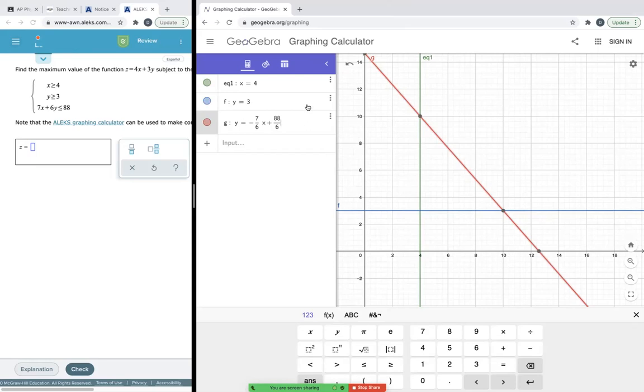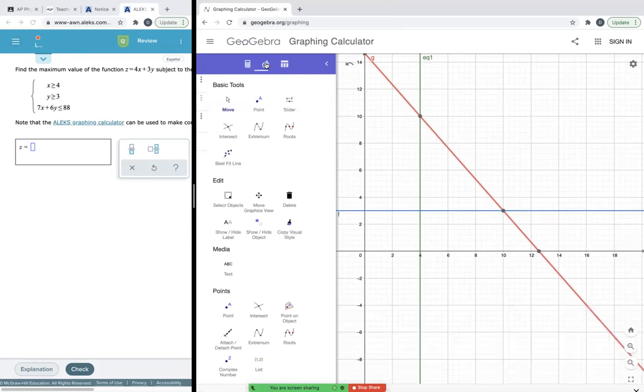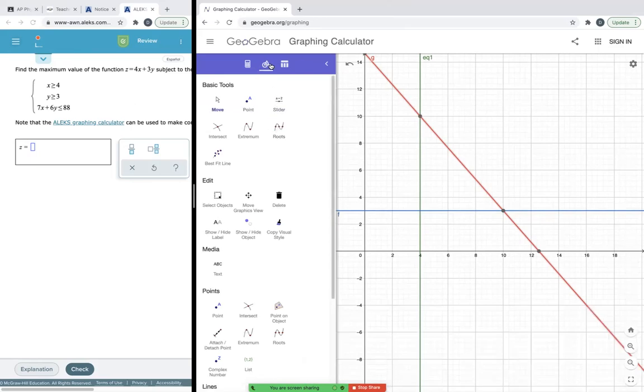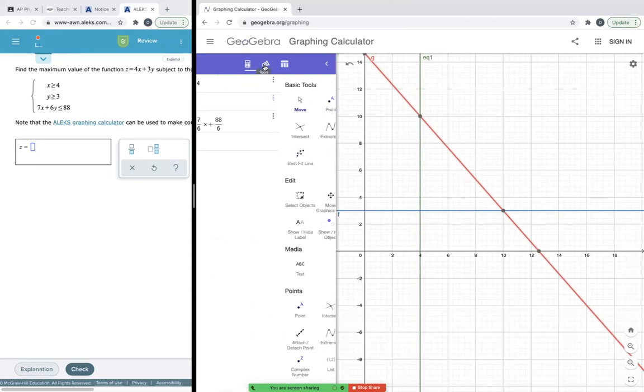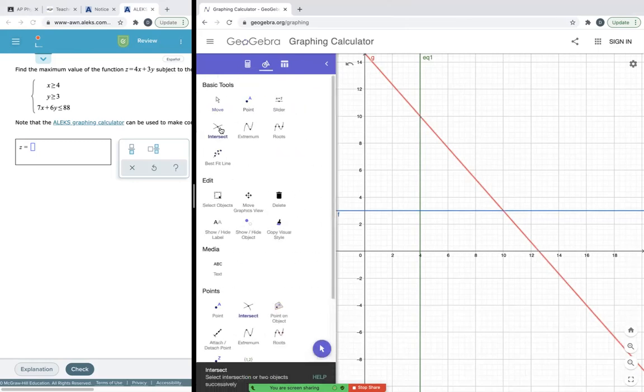So in order to evaluate the original question, which was to find the maximum value of the function over this solutions region, I then need to find the vertices of that solutions region. And I will use this. We were originally in this algebra section, and I have gone to the right of it, and you'll see tools. I've gone to tools, and I will select intersect.